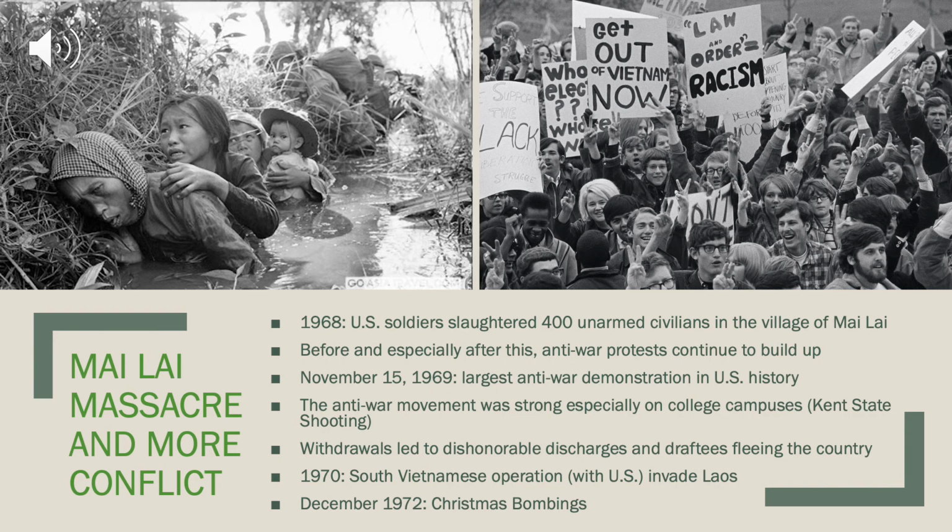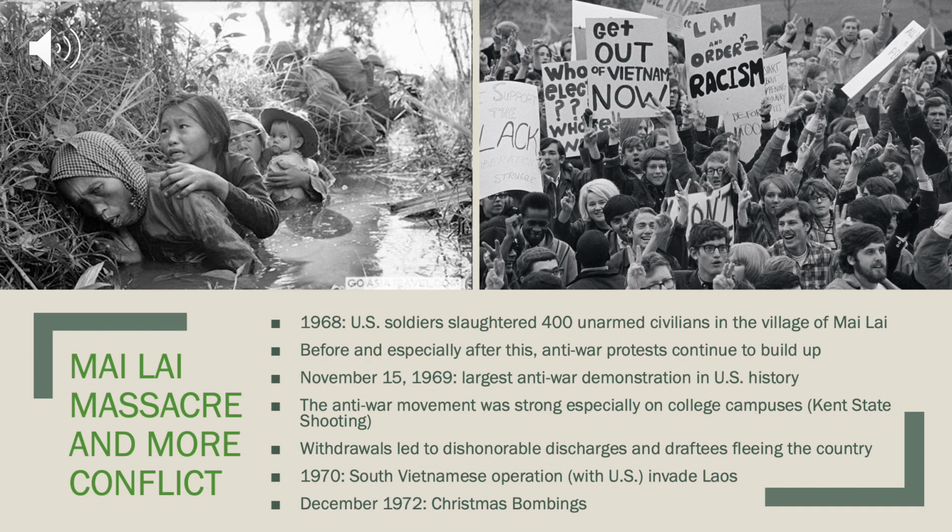In 1968, U.S. soldiers slaughtered over 400 unarmed civilians in the village of My Lai, and this happens amid a campaign of U.S. search and destroy operations that are intended to find enemy territories, destroy them, and then retreat.